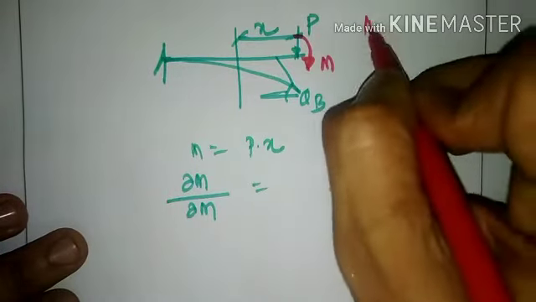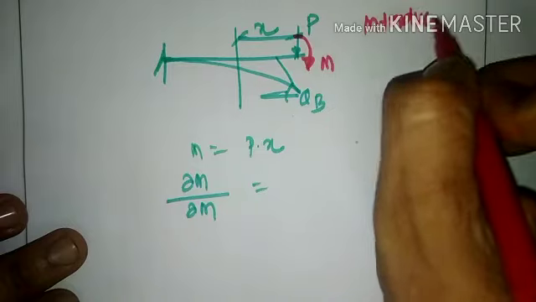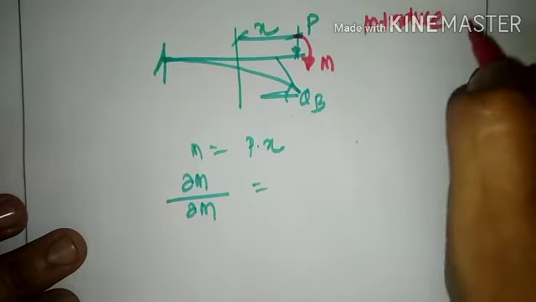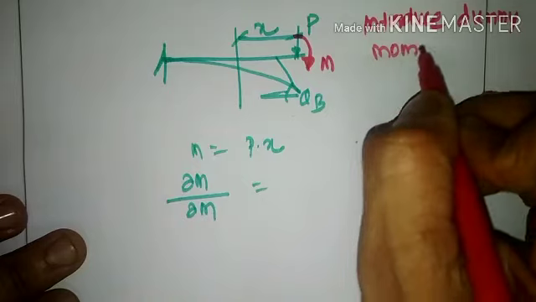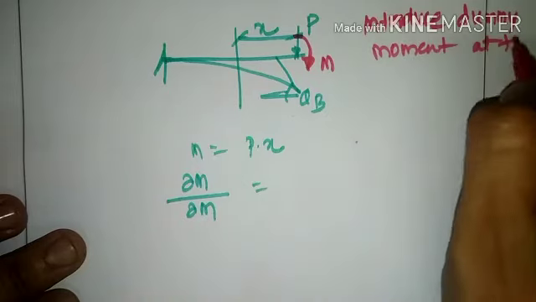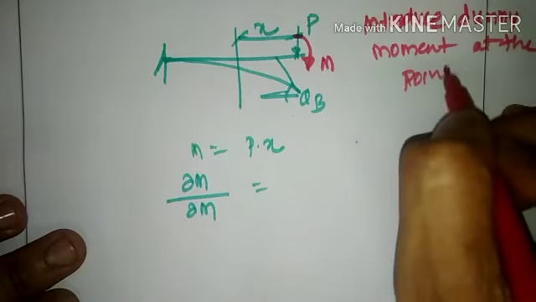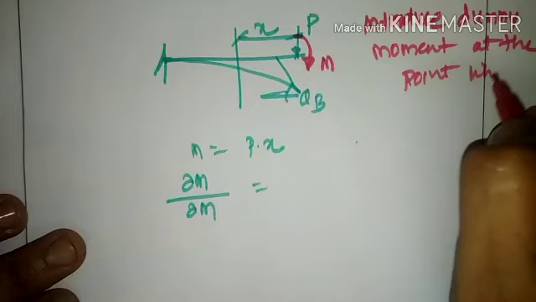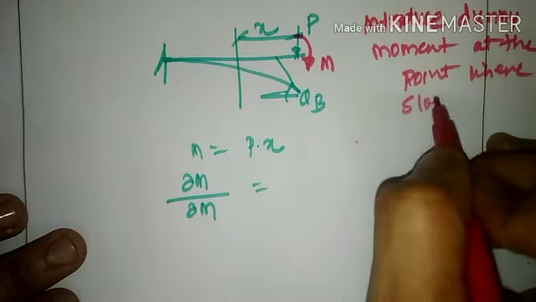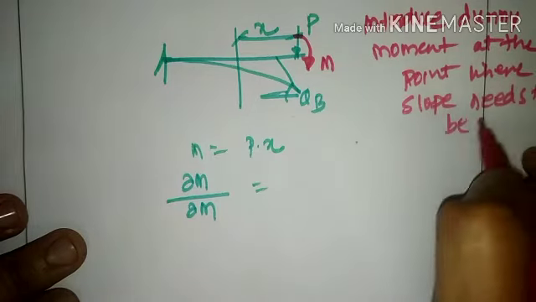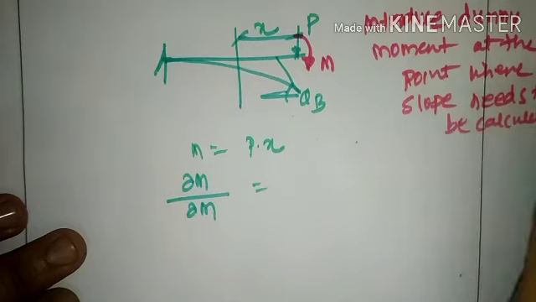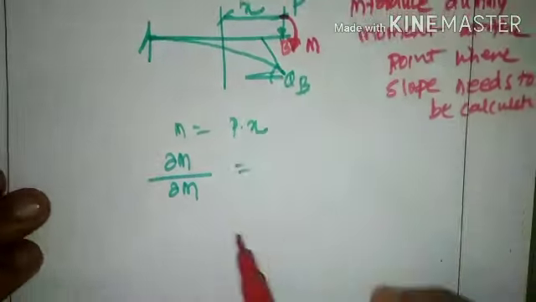So introduce a dummy moment at the point where slope needs to be calculated. So here I will be introducing a dummy moment at point B.